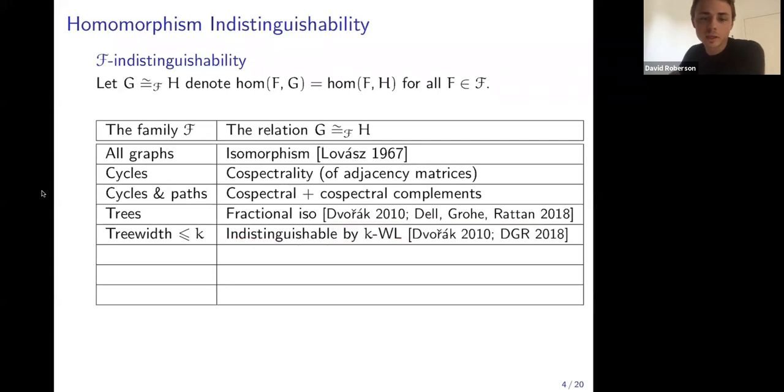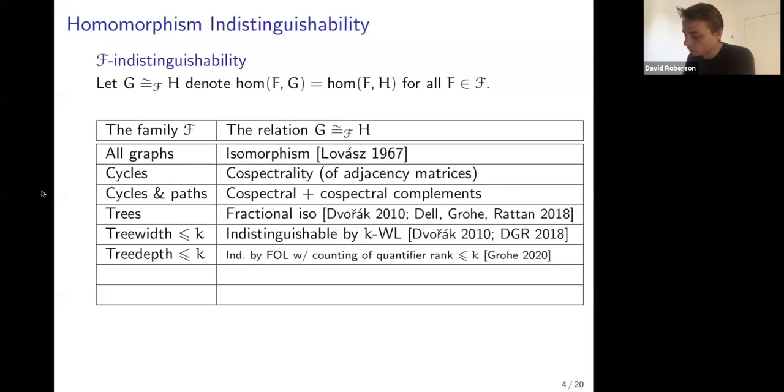This is some kind of partitioning algorithm on the graphs that can sometimes distinguish them. More recently, Martin Grohe also looked at tree depth at most k and gave some characterization in terms of first order logic.